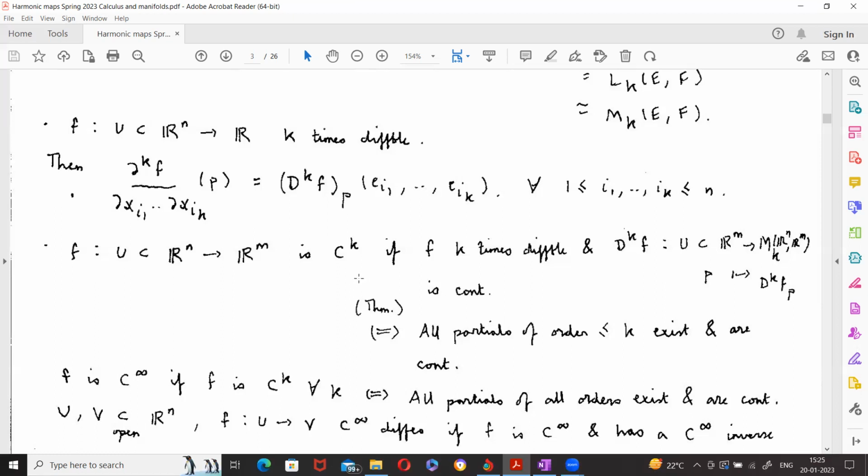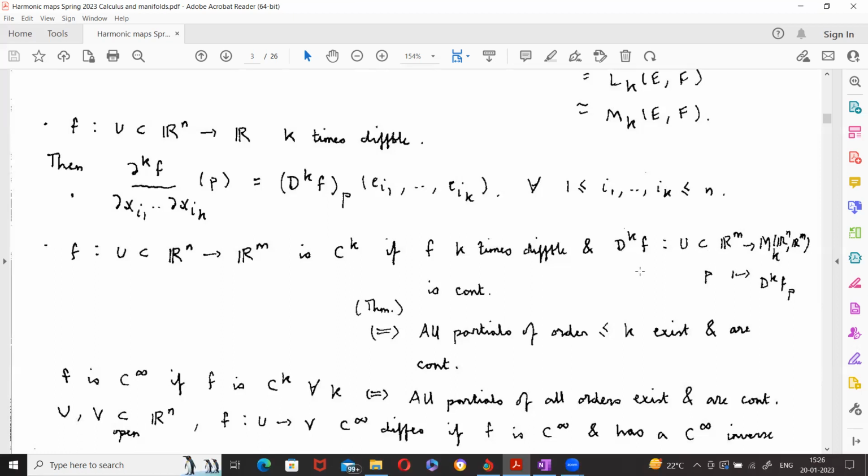And so a map F from an open subset of R^n to R^m is defined to be C^k if F is K times differentiable and the kth derivative d^k f, now you think of this as a map which at each point P gives you a K multilinear map d^k f at P. This map from R^n to the space of K multilinear maps from R^n to R^m should be continuous.